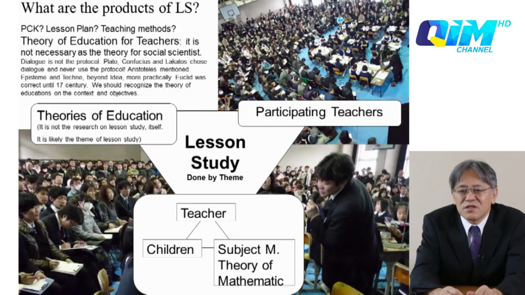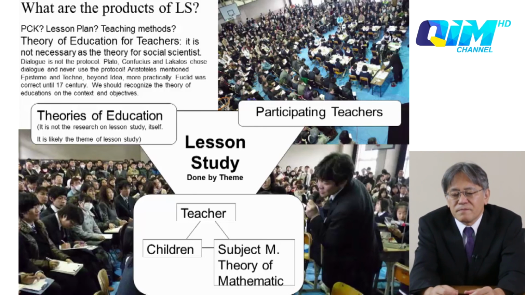Actually, Aristotle mentioned episteme and technology beyond the idea, more practically, okay? Euclid was known at that age as for the idea. However, Euclid mathematics was revised in the 19th century.